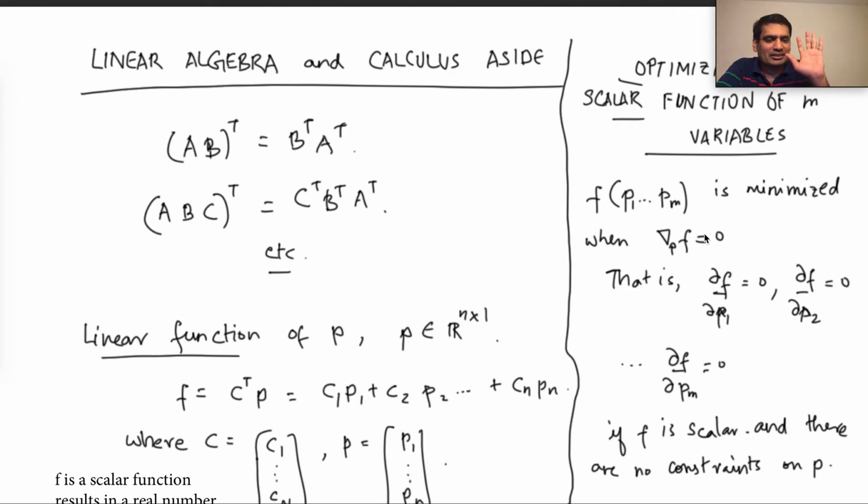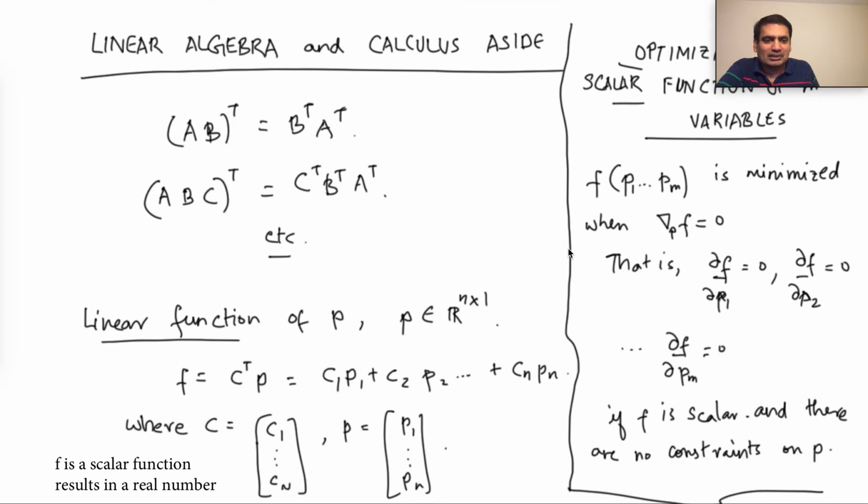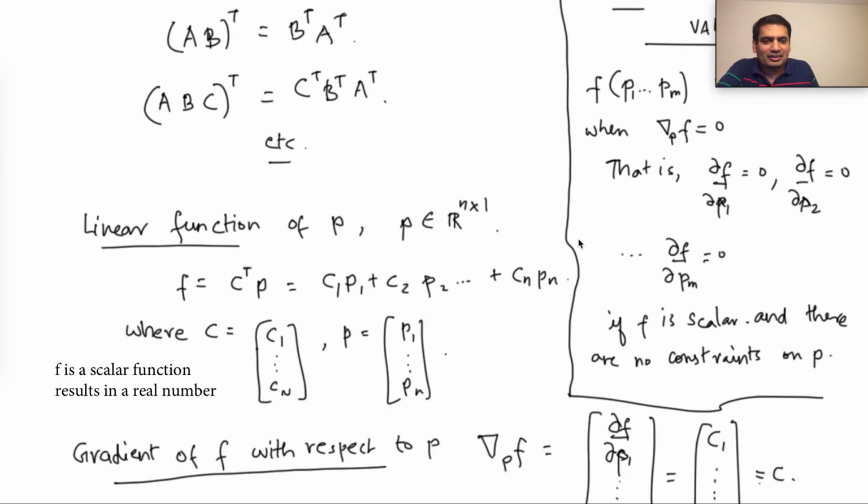There are some caveats which I'm not going to talk about just now because we're going to do a whole lecture on optimization, but for the purposes of the next page of this proof, we're going to set the gradient equal to 0. In other words, we want to take the partial derivative of the function f with respect to each of the variables and set it equal to 0, and that will give us the minimum of that function. Again, there are some caveats which I'm glossing over here, which will be clearer in the optimization lectures.